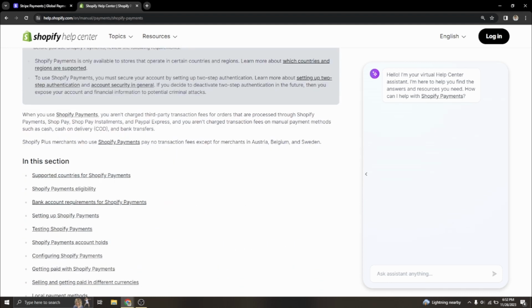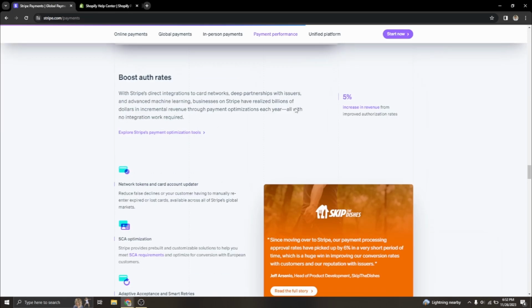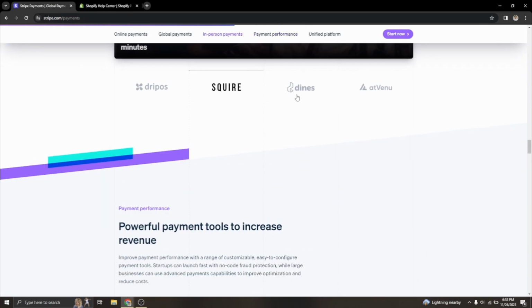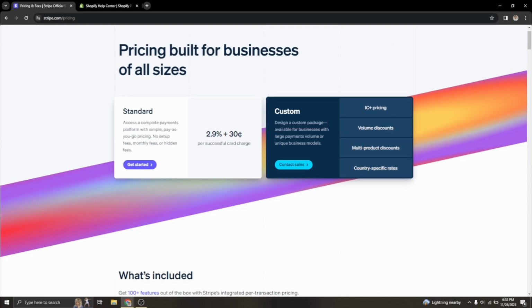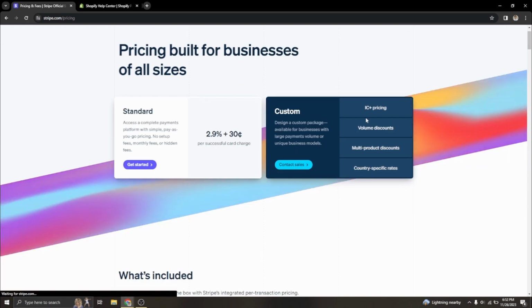Talking about pricing, Stripe only charges transaction fees, which depend on the payment method.